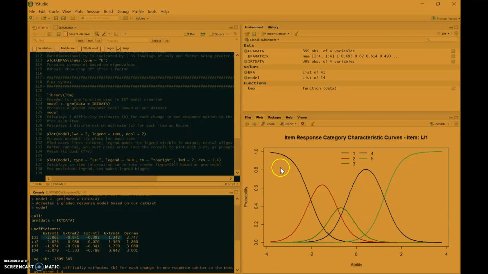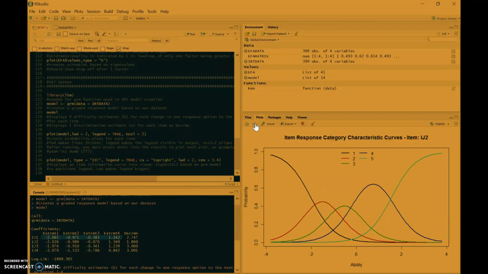A good one to look at for discrimination, just for comparison's sake, is IJ2, where things are a lot flatter. The slopes are less steep. So you can see kind of comparing the same kind of thing. It's not exactly the same, of course, because the difficulty parameter is a little bit different, but actually not that much different.